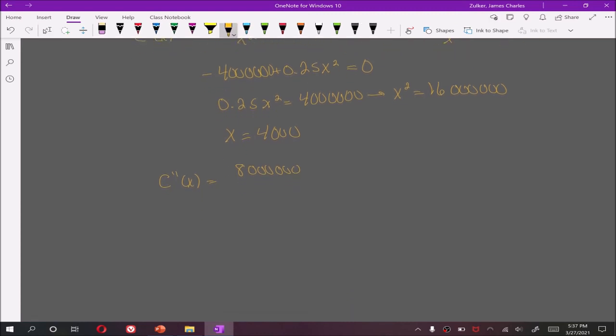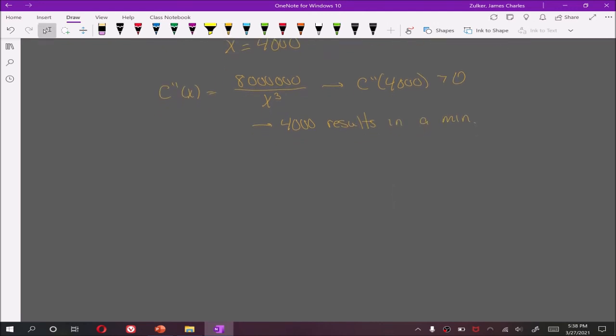So 8 million over x cubed. If we plug in 4,000, we're going to get greater than 0. 4,000 cubed is a number larger than 0. This means that 4,000 results in a min by the second derivative test.